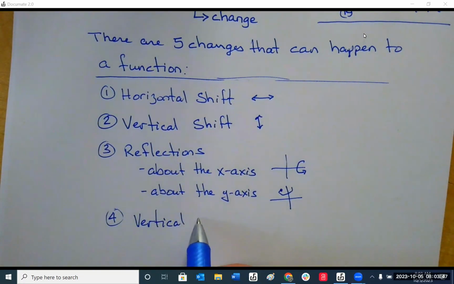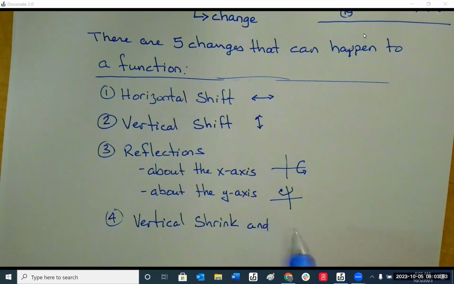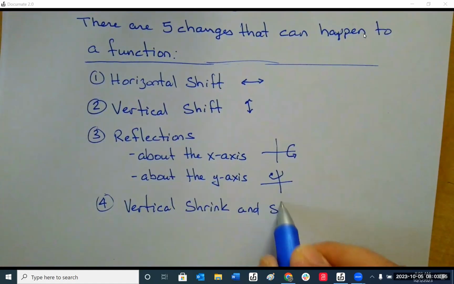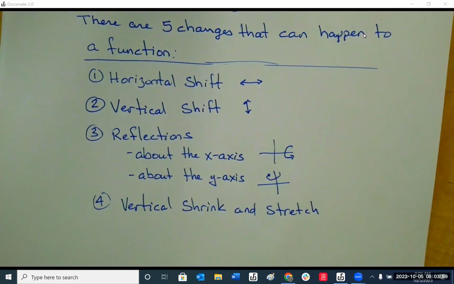Then we'll talk about vertical shrink and stretch. That's pushing the function that way or that way, stretching it.